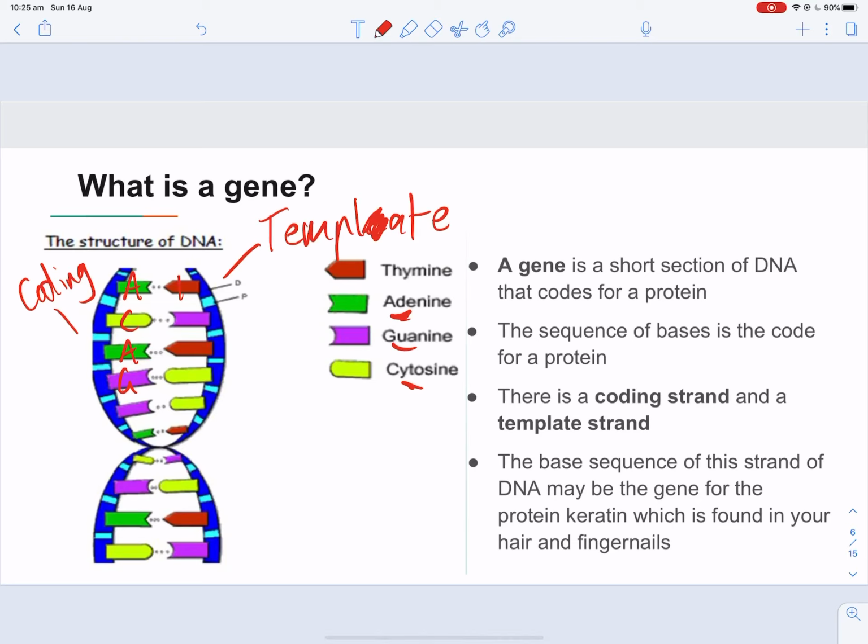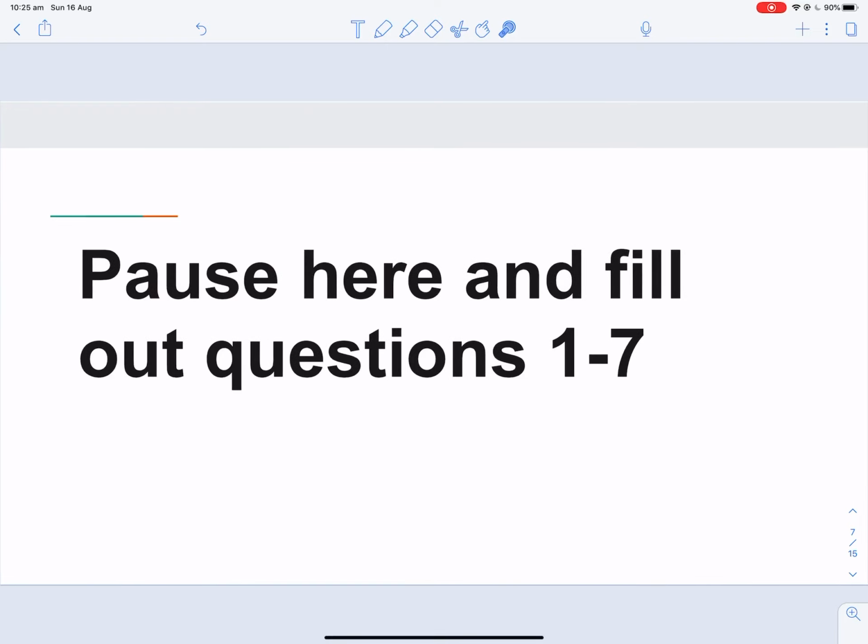So we can see that that's a thymine, we can see that that's a guanine, we can see that that's a thymine, and so on. So the sequence of these nucleotides in the coding strand are what make your proteins. They tell your body to make proteins. So this template strand is called a template strand for a reason, and we'll find that out shortly. So pause here and fill out questions 1 to 7 if you haven't already.